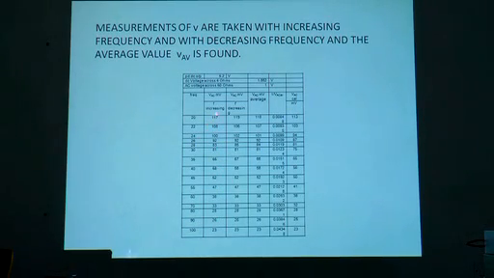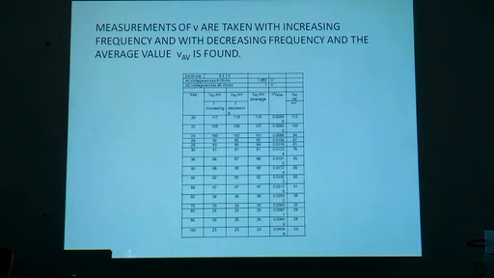This is a different bulb and therefore the readings are different. I take the readings as I increase the frequency and I take the readings as I decrease the frequency. I take the average value of the readings. I take the reciprocal of these values here.